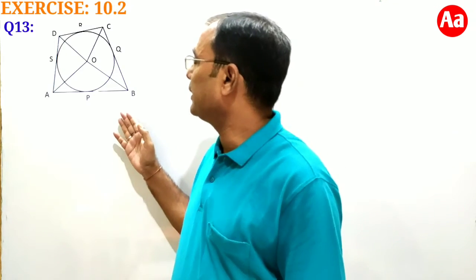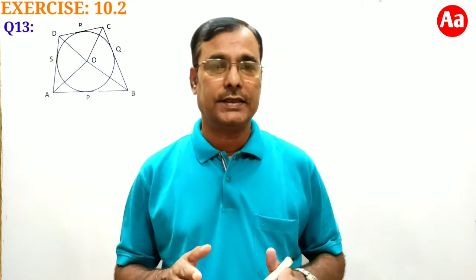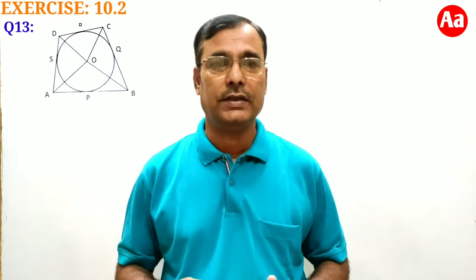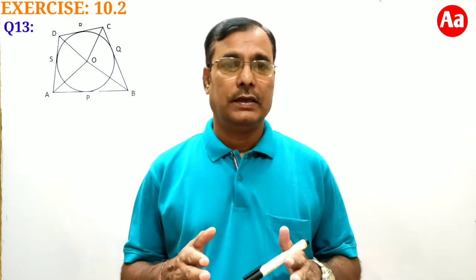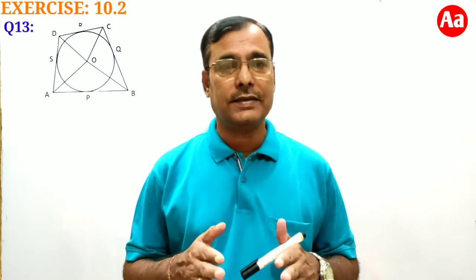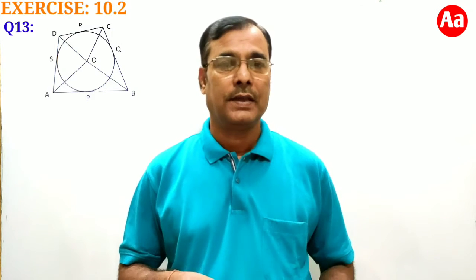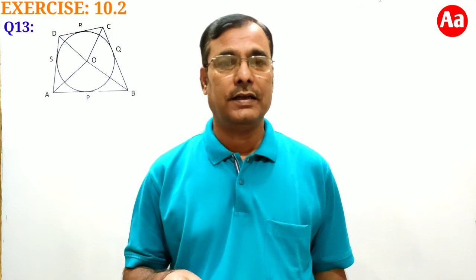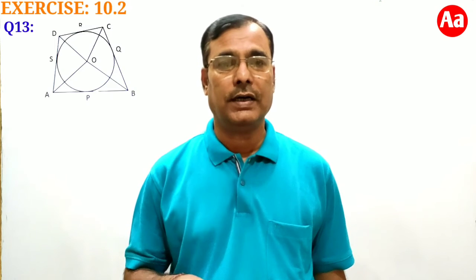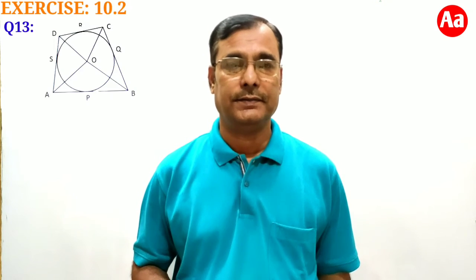In this given figure, ABCD is a quadrilateral circumscribing a circle with center O. Sides of the quadrilateral AB, BC, CD and DA touch the circle at points P, Q, R and S respectively.